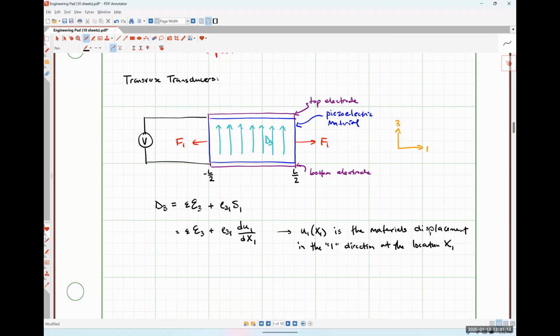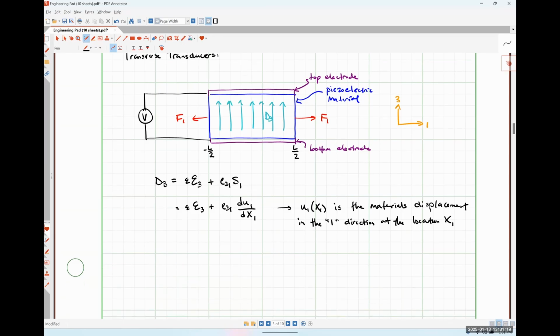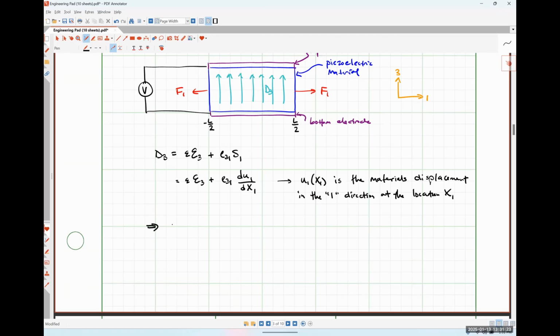Okay. So following a similar derivation that we are going to skip because you guys are already bored to tears with my math, we would wind up getting I is equal to SCV plus S E31 A3 over L, U L over 2 minus U negative L over 2, or SCV plus S E31 A3 S1.